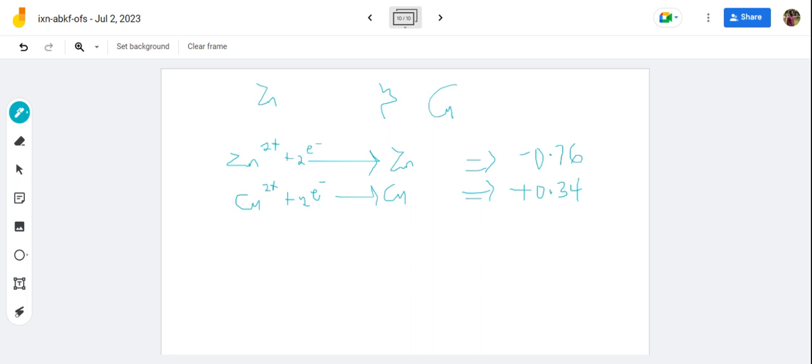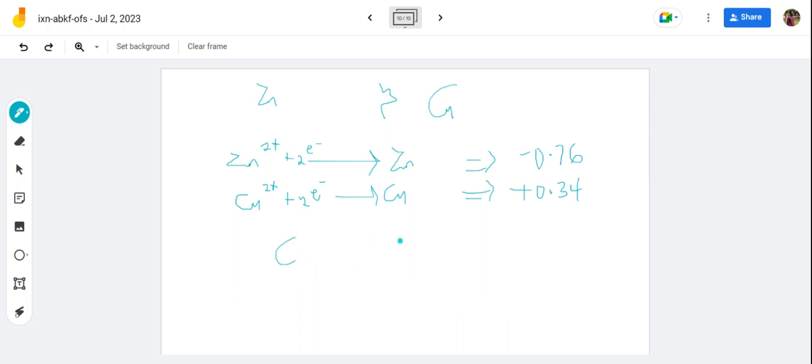So basically, cathode is reduction, anode is oxidation. Cathode reduction, anode oxidation.